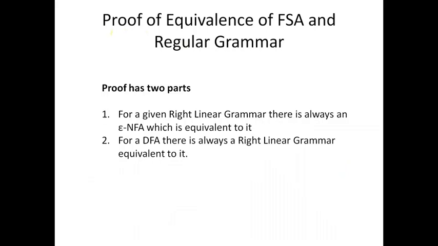Next, we are going to discuss the equivalence of finite state automata and regular grammar. This proof will have two parts. The first one is, for a given right linear grammar, there is always an epsilon NFA which is equivalent to it.